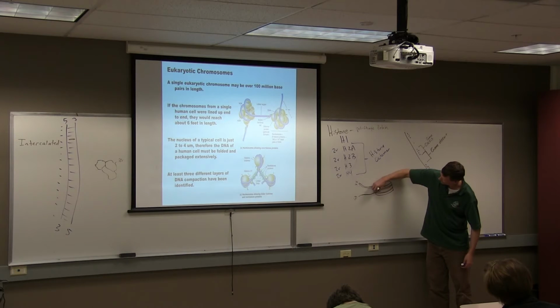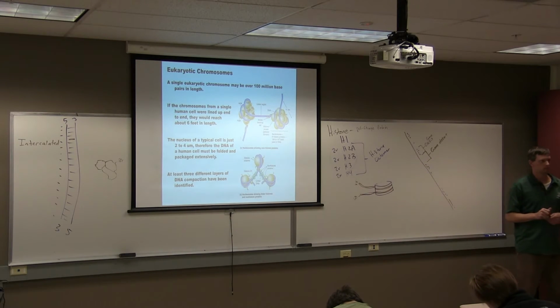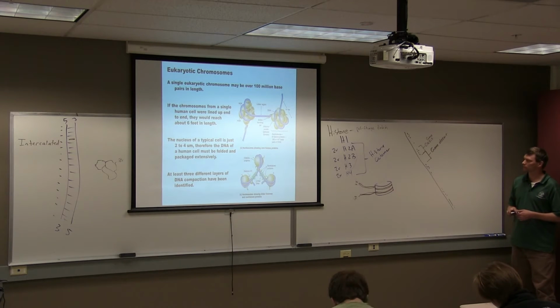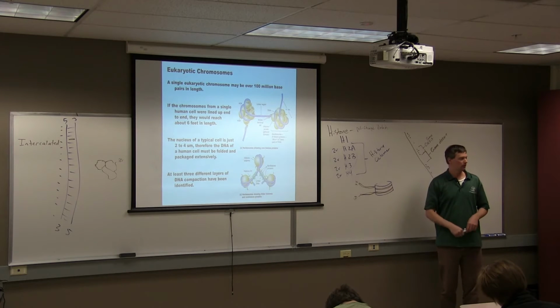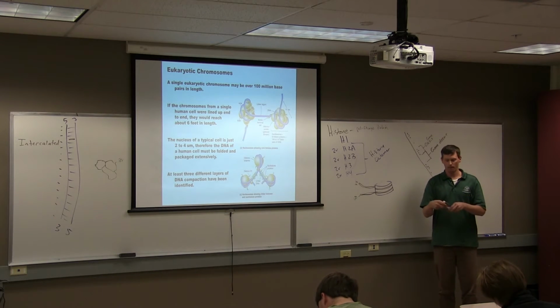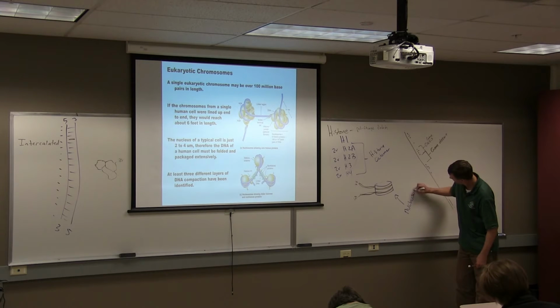Well, it looks like a birthday cake. Right? So, if you have a histone octamer and a piece of DNA has wrapped around that 2 times, we call this a nucleosome.